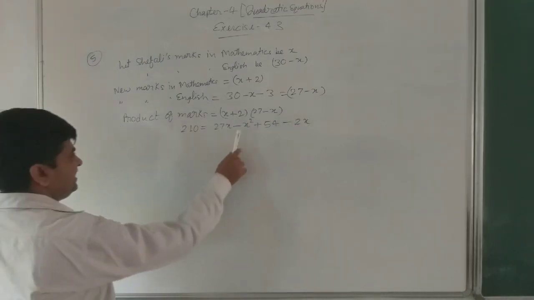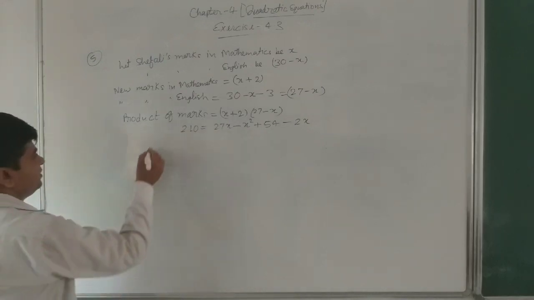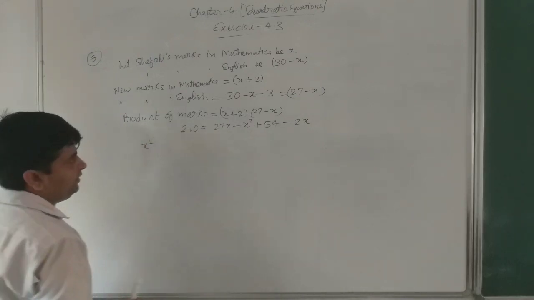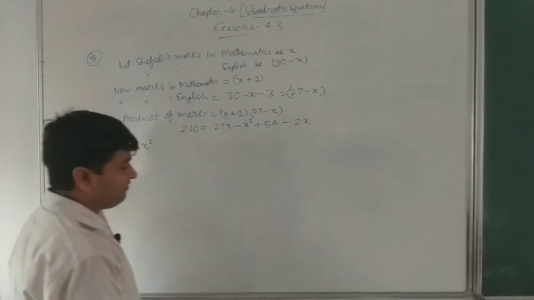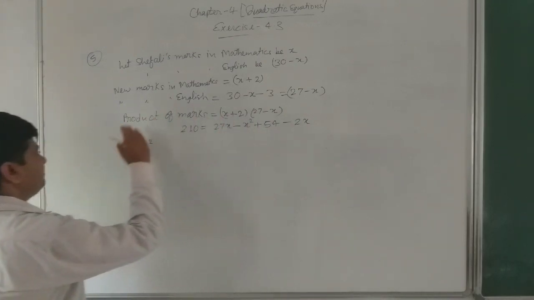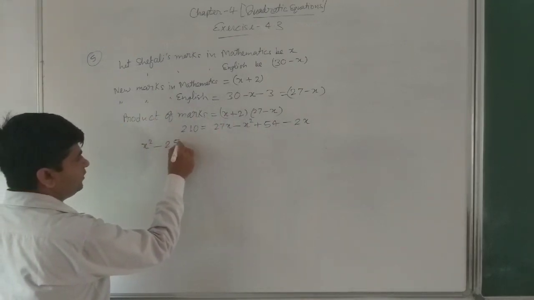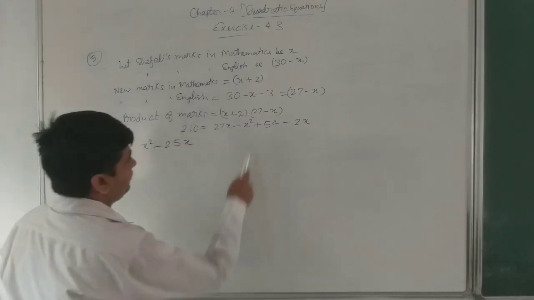Now X square is negative in the RHS, so we shift it to the LHS. So we get X square with positive sign, 27X minus 2X is 25X, and the plus sign in the RHS we shift to the LHS, that will be minus 210, and the plus sign 54 is here.